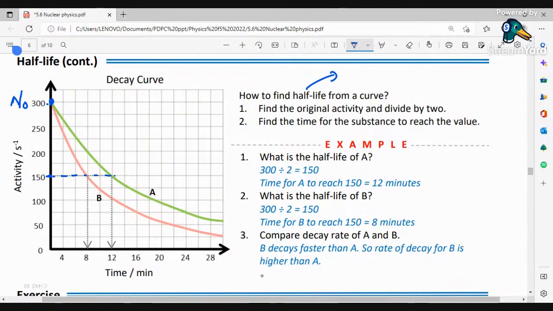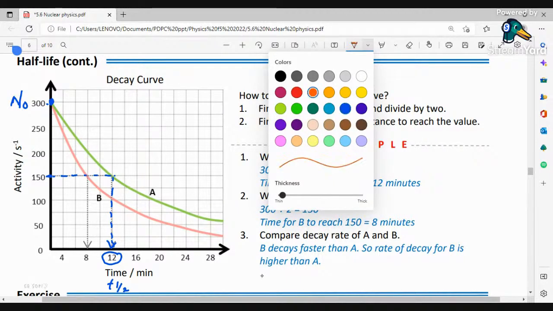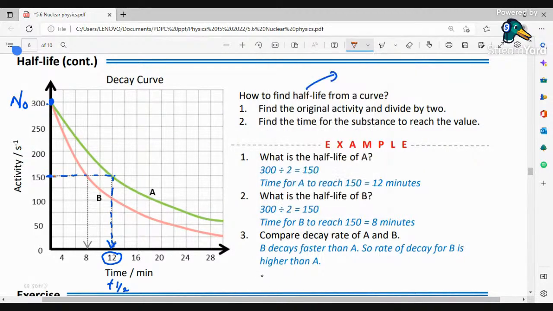For A, you can read dia punya value of time here. So ini ialah half-life untuk A. If you want to determine for B, also same, draw dash line to B, baca ke bawah. So ini adalah half-life untuk B. So senanglah baca daripada decay curve.